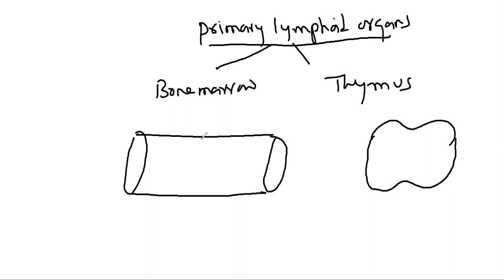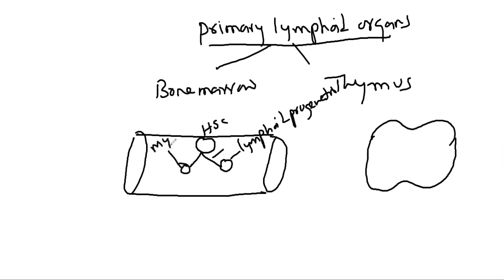Bone marrow is the place where we can observe the production of different types of formed elements, that is blood cells. Within the red bone marrow, we can observe the hemopoietic stem cell. I think you know a stem cell is one which is able to give rise to different types of cells. A hemopoietic stem cell can give rise to two secondary stem cells: lymphoid progenitor and myeloid progenitor.